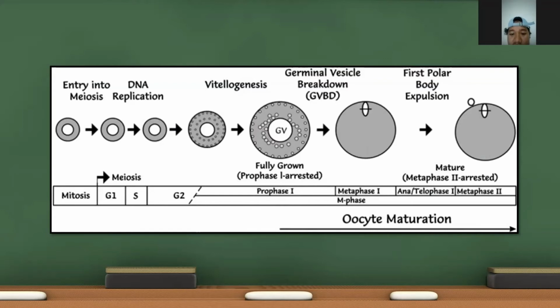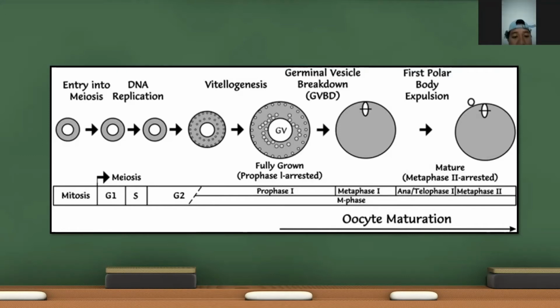So, ito yung pagmamature ng isang oocyte. Di ba yung oocyte is immature egg cell. So, ito yung process niya para maging mature na yung isang oocyte.